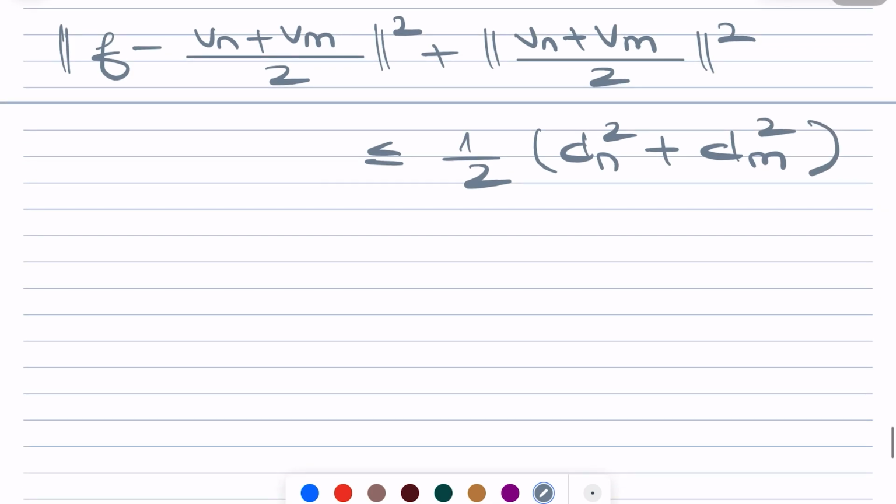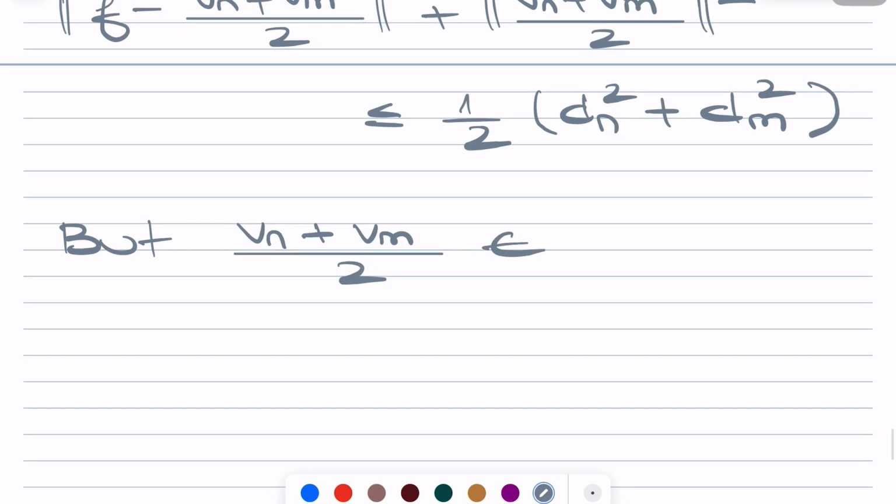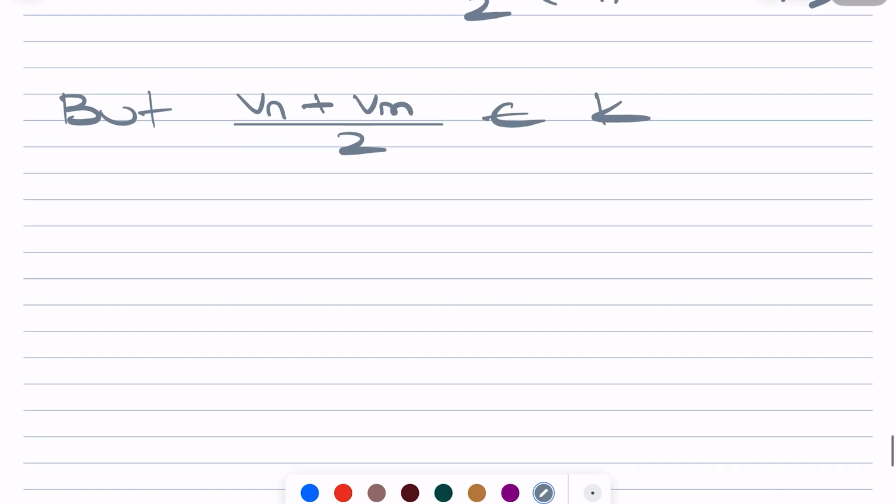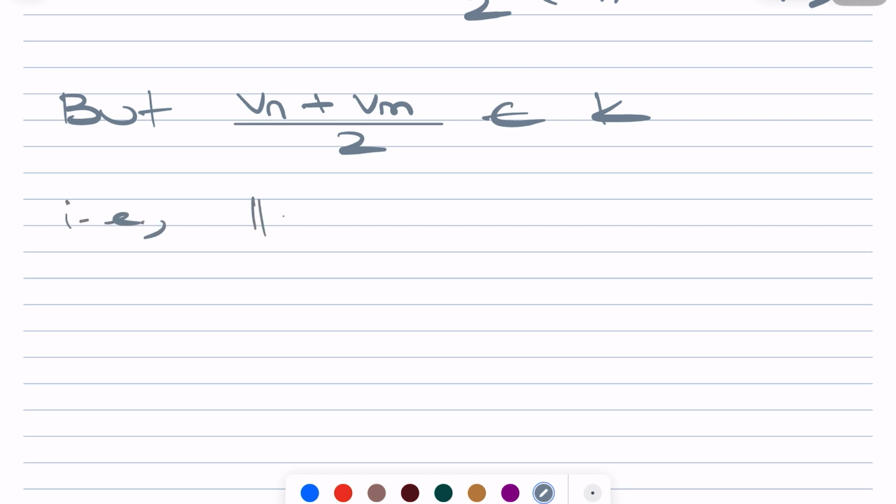But observe that because K is convex, the quantity (v_n plus v_m) over 2 is still an element of K. By definition of the infimum, the norm of f minus (v_n plus v_m) over 2 is greater or equal than d.